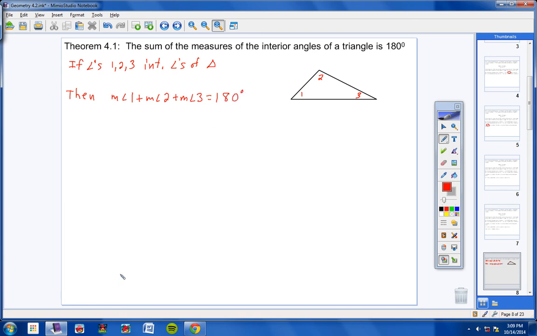There we go. Okay? So if angles 1, 2, and 3 are interior angles of a triangle, then those three angles, when you add them up, will always equal 180.